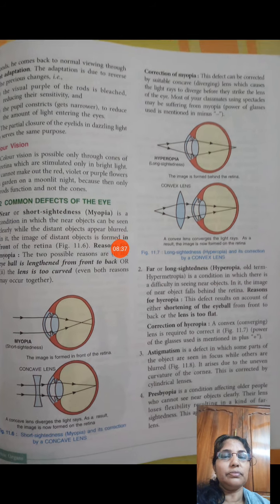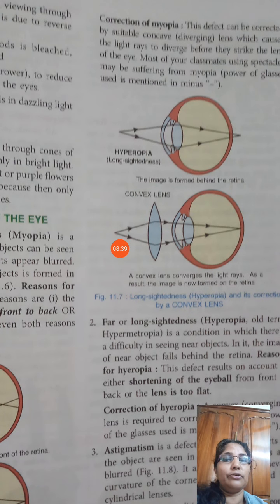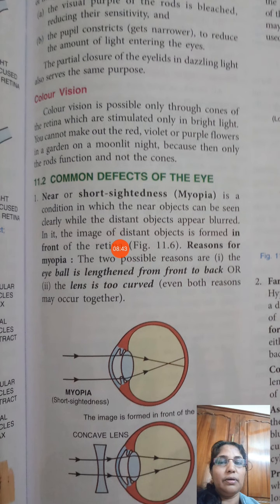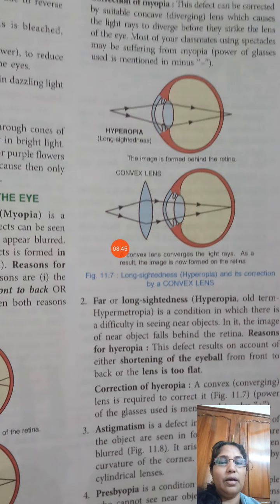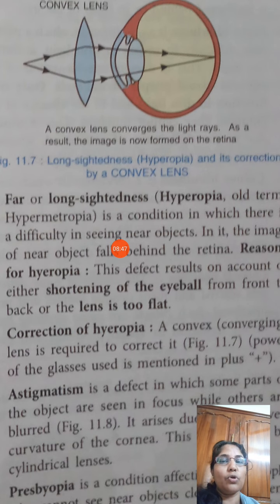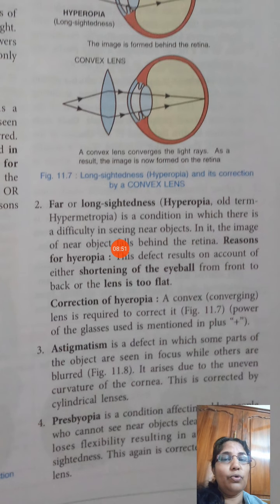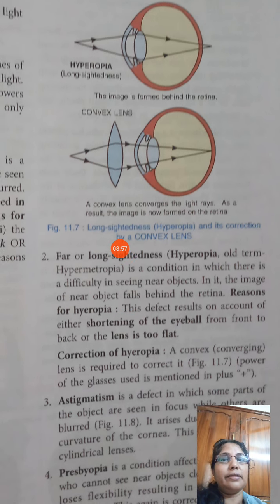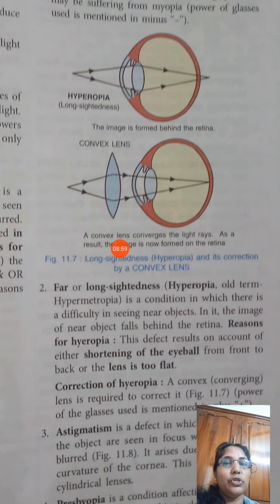Then opposite to myopia is far or long-sightedness, that is hyperopia, or in the old term, hypermetropia. The opposite occurs. The eyeball is short.